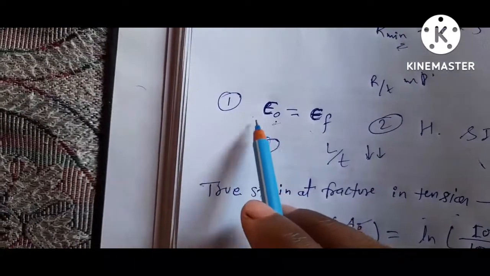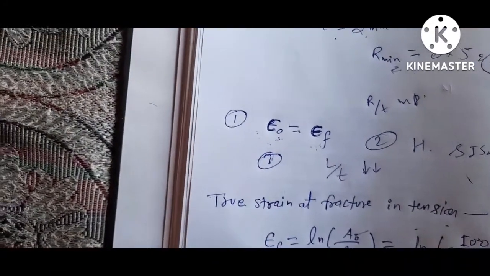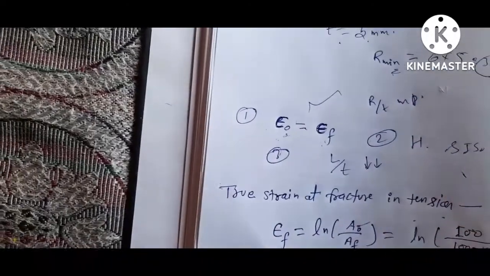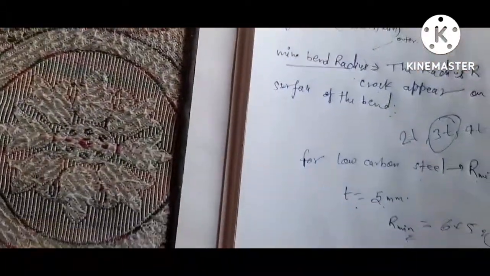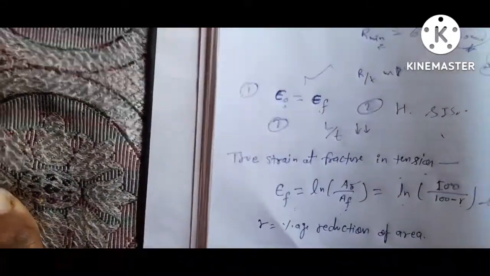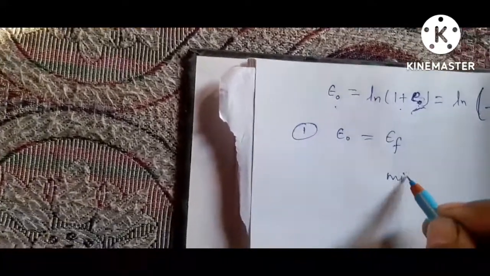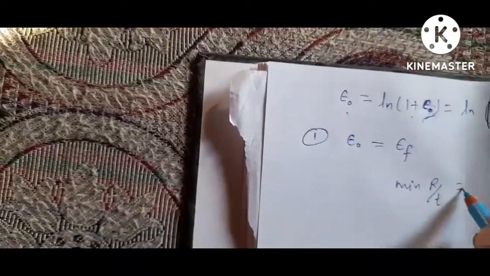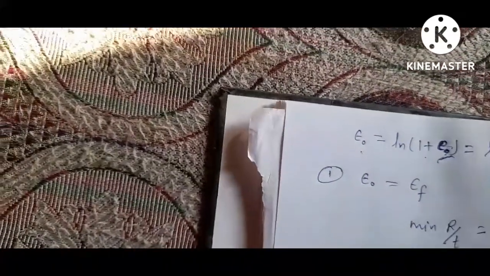Friends, by the first assumption, epsilon naught equals epsilon F, both are equal. Then after calculating, you get this second equation, and this is your first equation. After equating these two equations, we get the minimum R by T ratio equals 50 by R minus 1.